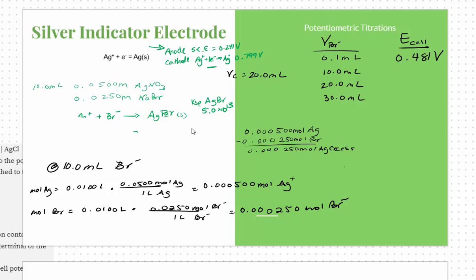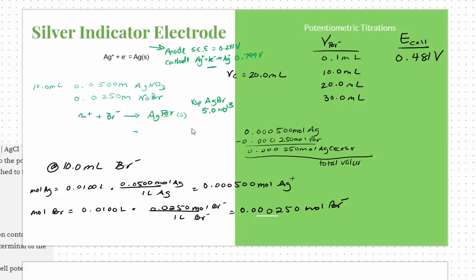Now, because these two things react to form a solid, they're being removed from solution in a 1-to-1 stoichiometric ratio. So we're going to subtract these values from one another to find our excess moles of silver. Then we're going to divide by the total volume.